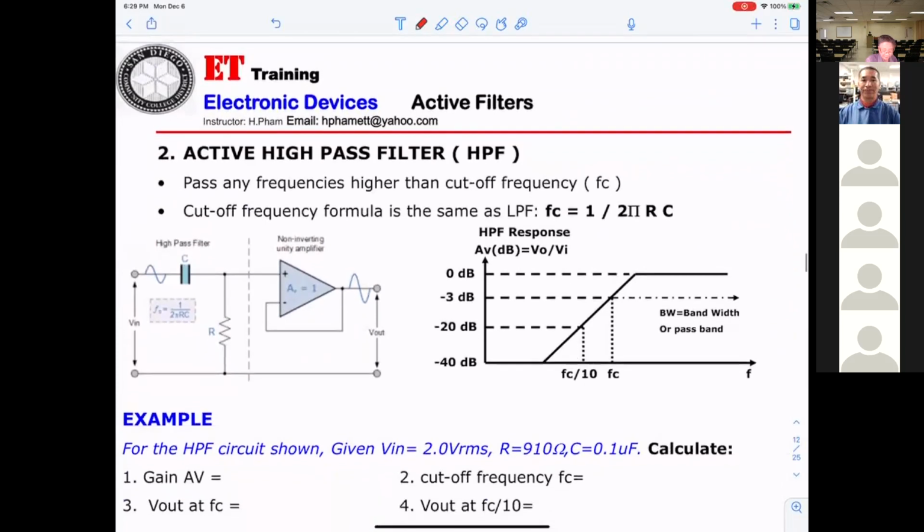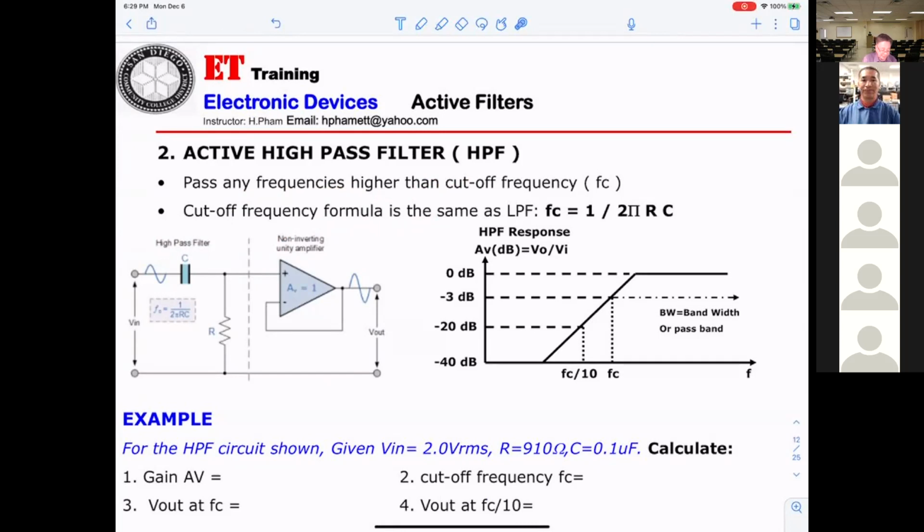High pass filter. It passes a frequency higher than the cutoff frequency, FC. The cutoff frequency formula is the same thing, 1/2 pi RC. So if you understand low pass, then there will be no problem.